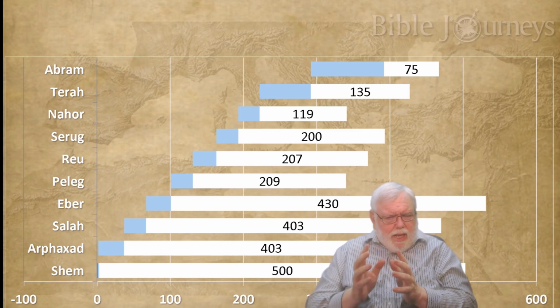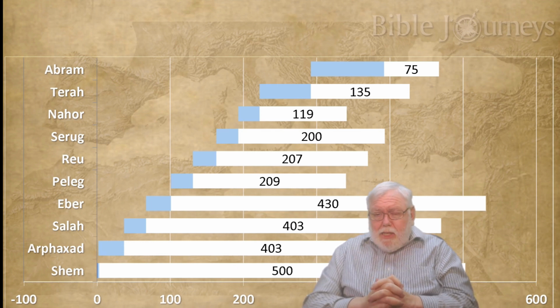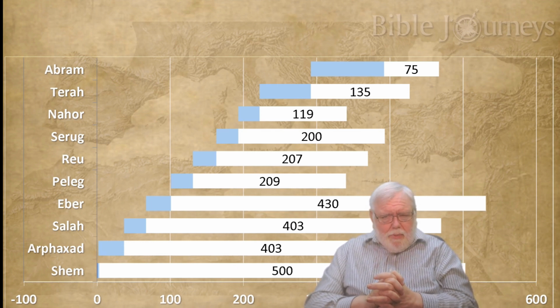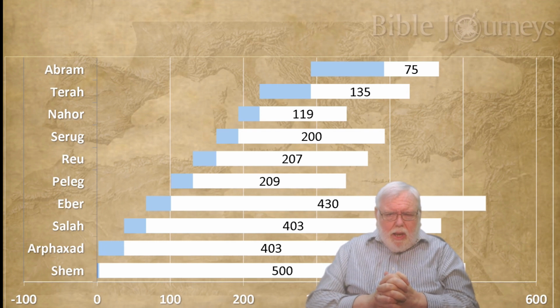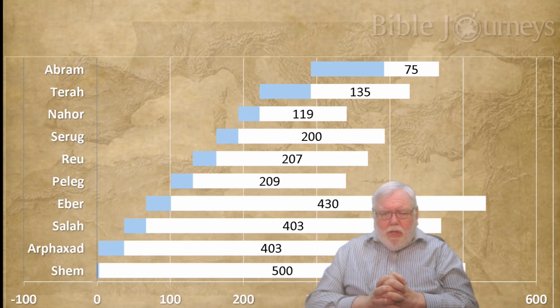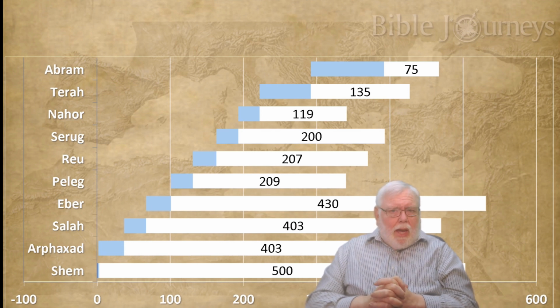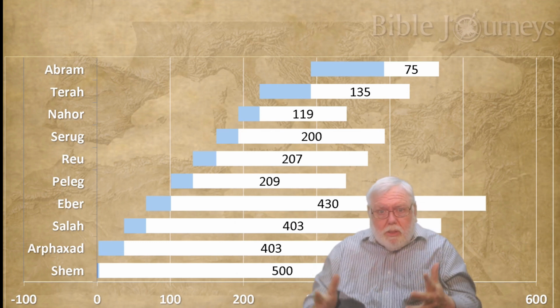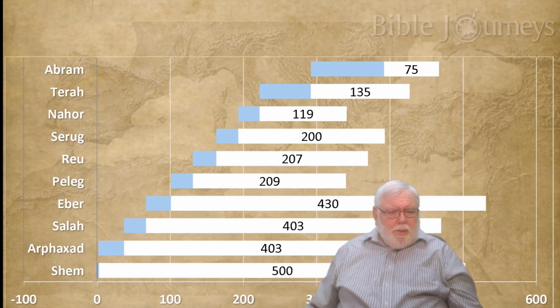We can't really just take those numbers and add them up. Besides which, as we shall see, both of these genealogies are linked to an event, but they are neither one linked to the age of the earth. There is no indication that any of the biblical authors were interested in that question, the age of the earth. We're interested. They weren't. So you have Shem.